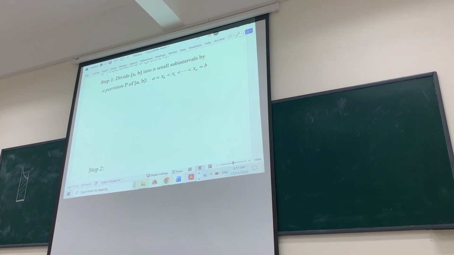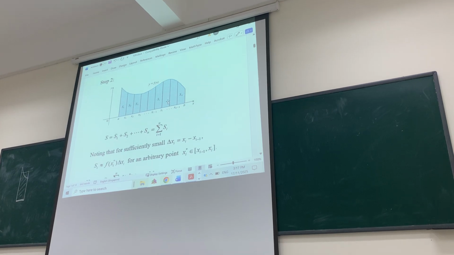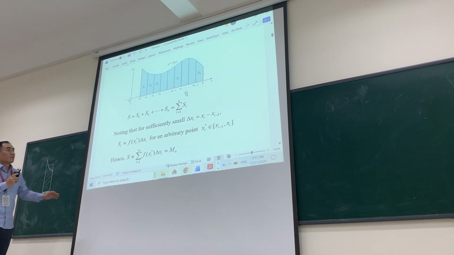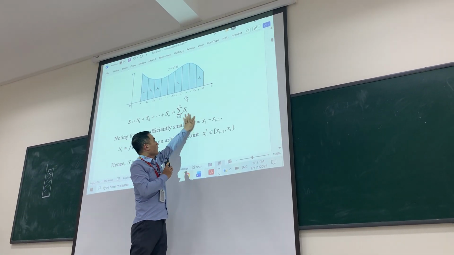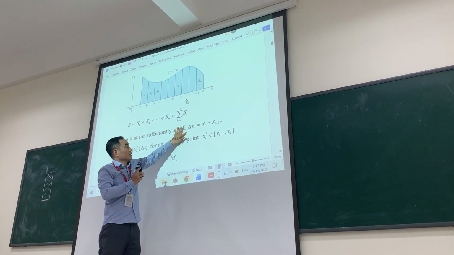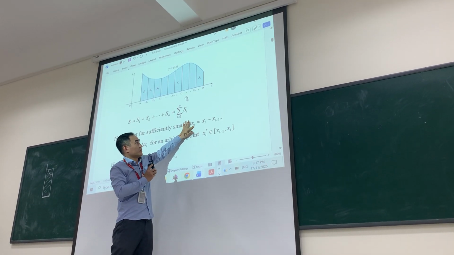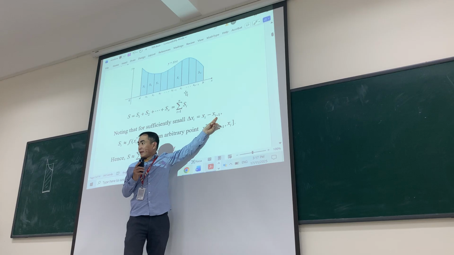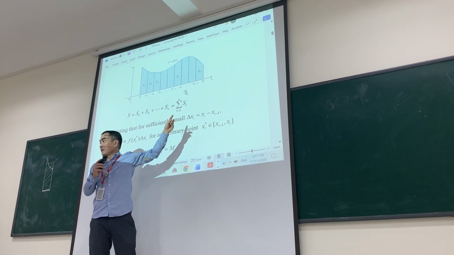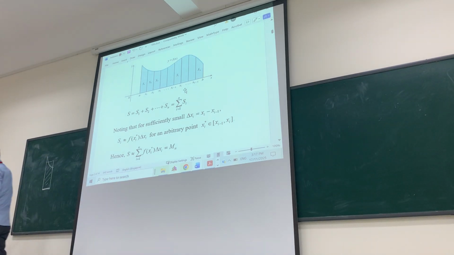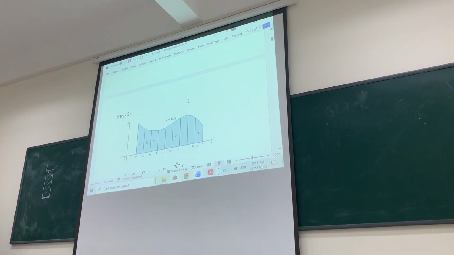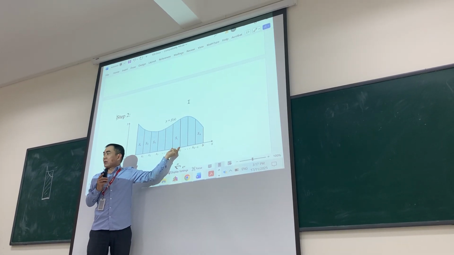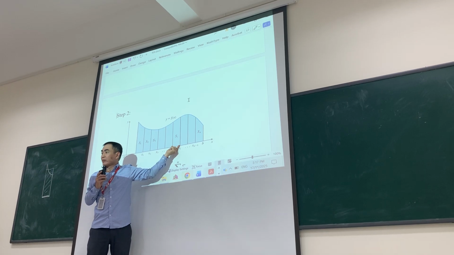To continue, step 2. Denote the increment xi minus x(i-1), the i-th subinterval.